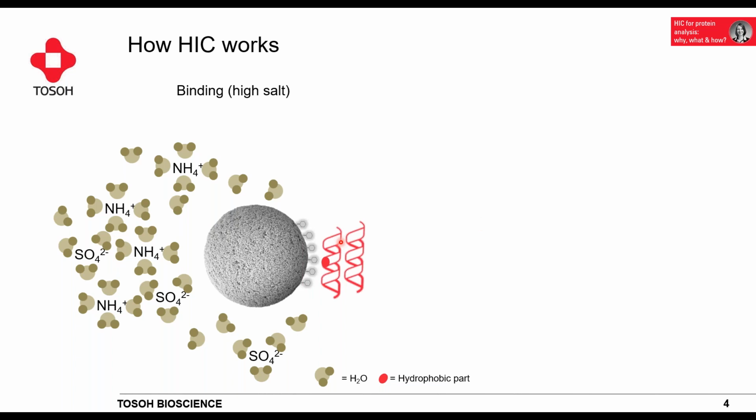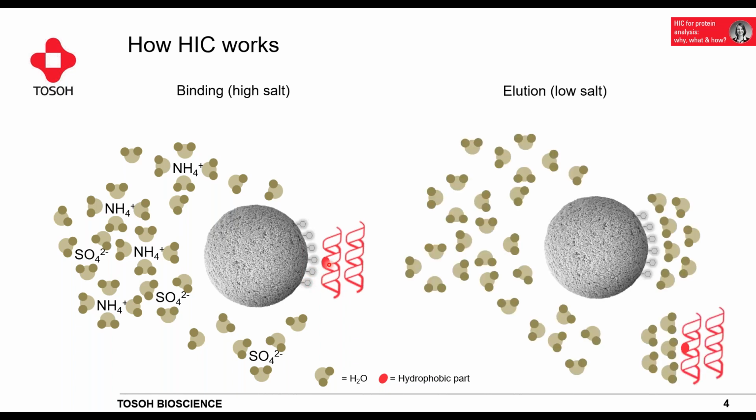So there's basically nothing left, or everything is freed in order to interact with salt, and we don't have anything attached or close to our hydrophobic parts anymore, and we do have the binding.